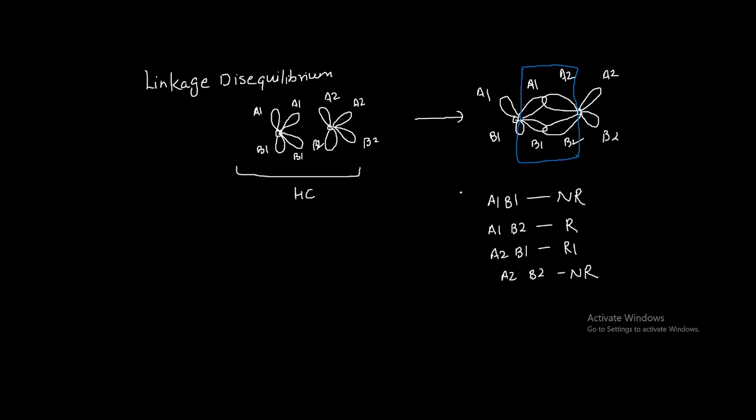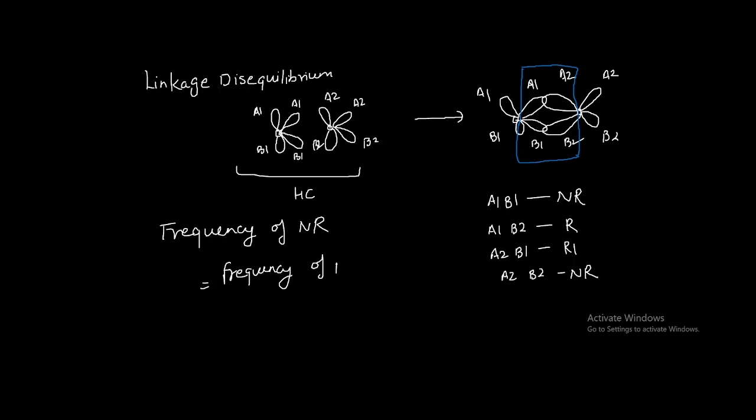Okay. So here you can see, if we follow Mendel's law, because every gene independently sorts according to Mendel's third law, what will happen? The frequency of the non-recombinants and the frequency of the recombinants is equal. So according to Mendel's law, the frequency of non-recombinants is equal to the frequency of recombinants.